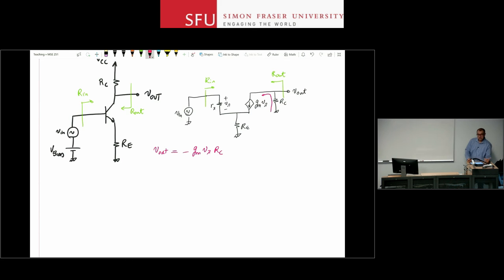But the problem is that vpi in this case is not vin. If I look at the input circuit, vpi is a fraction of the voltage drop from base to ground. Okay? So now I need to write a KVL there. I can see that vin is equal to this vpi, the voltage drop here, plus VE, plus this voltage.